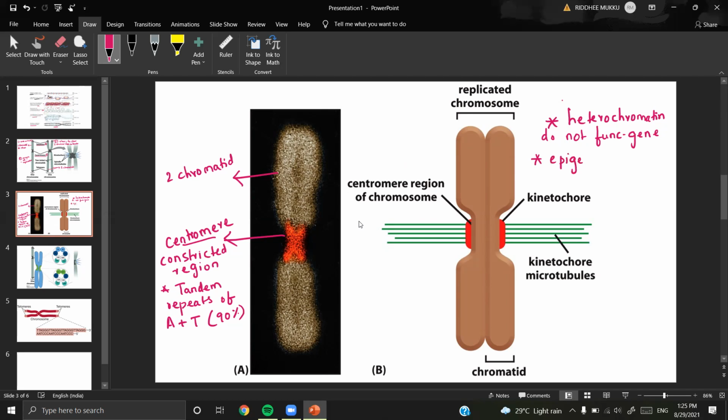Okay, so the epigenetic changes that you can expect can be seen in the chromatin of the centromere.